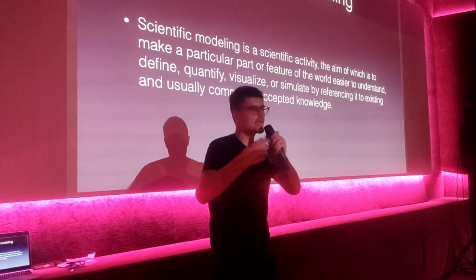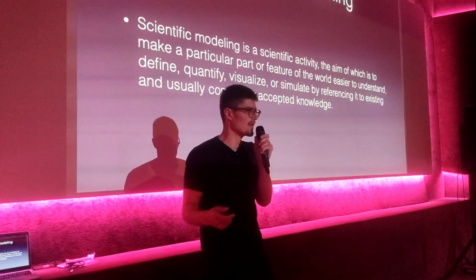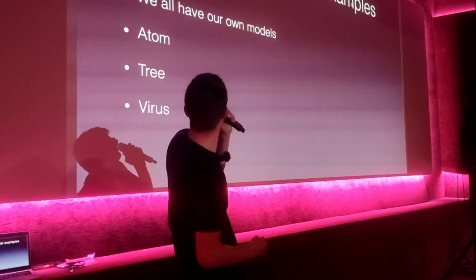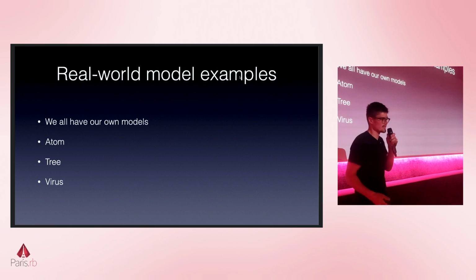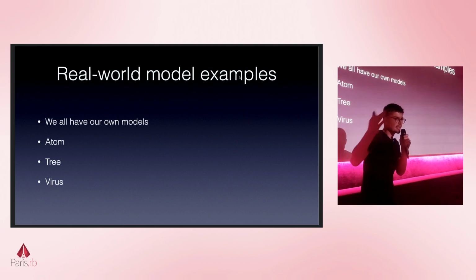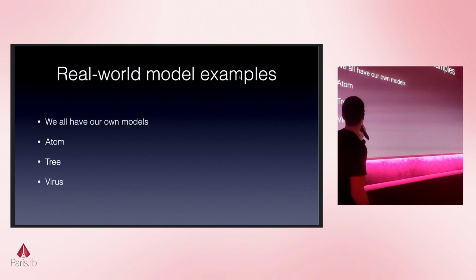It's not a simulation. We're just keeping track of what we care about, and it's a useful approximation to the truth. I'll give a couple other examples of models that people use all the time, because everybody, regardless of your profession, has models that we use on a day-to-day basis.